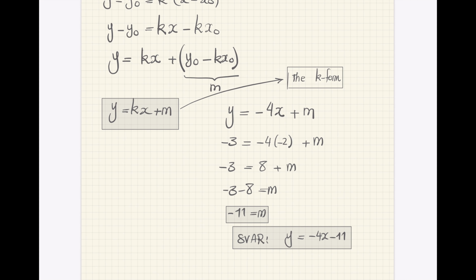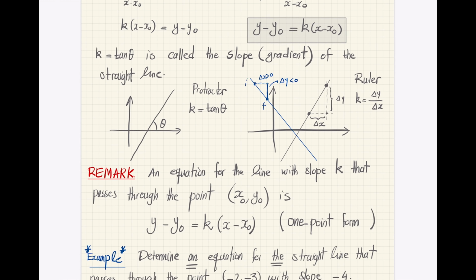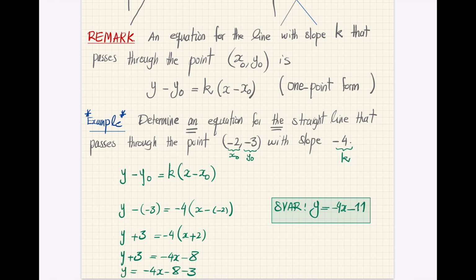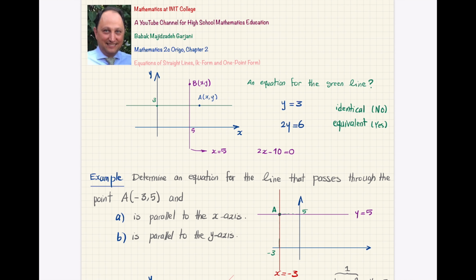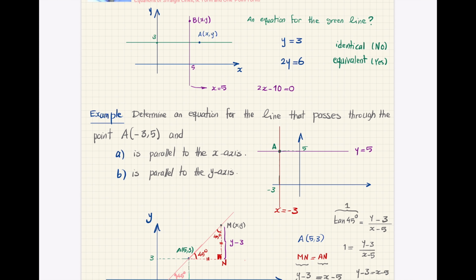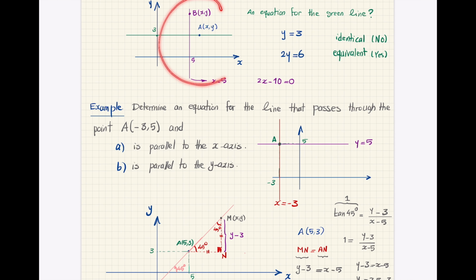What you need to learn for the exam is probably just this one, even though I insist that you also learn this method. But anyway, it's not something very strange. So from all this long lecture, you just need to know about these vertical and horizontal lines, how to write the equation for them.